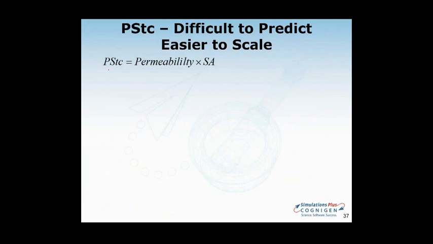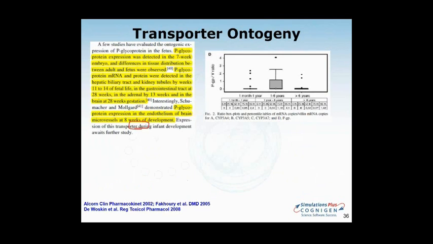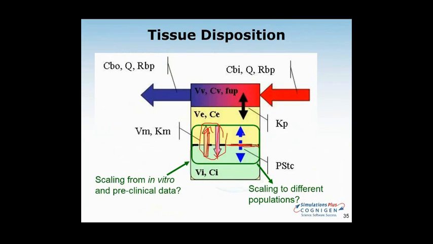When it comes to passive permeability, again, the main aspect here would be the ability to scale this to smaller tissue sizes. The standard parameter that we use to account for the passive diffusion through the cell membranes is the permeability surface area product.